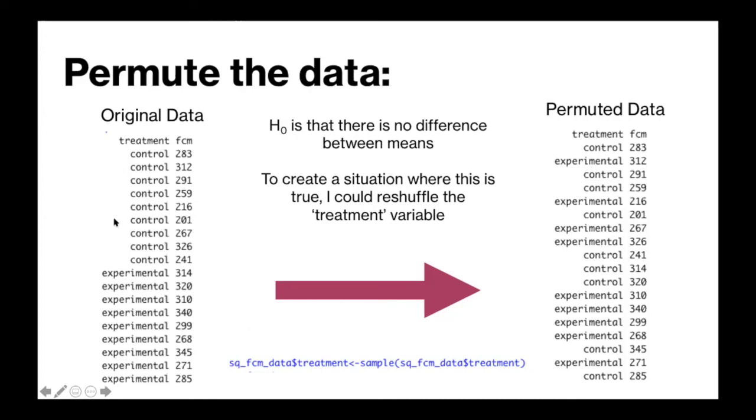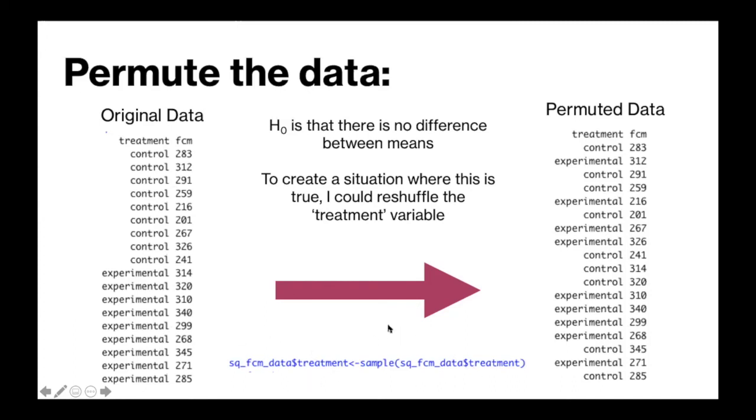We hypothesize in our alternate hypothesis that this control population is different from our experimental population. And so if we break the association between the treatment and the fecal cortisol metabolites by reshuffling these treatment assignments, then that can create a null distribution of differences between our control and our experimental squirrels.